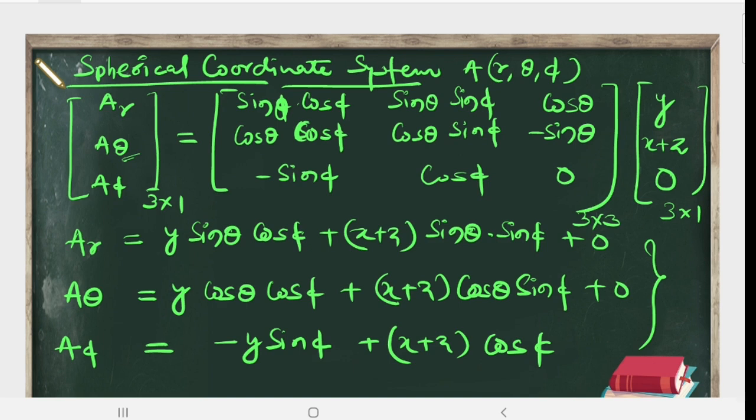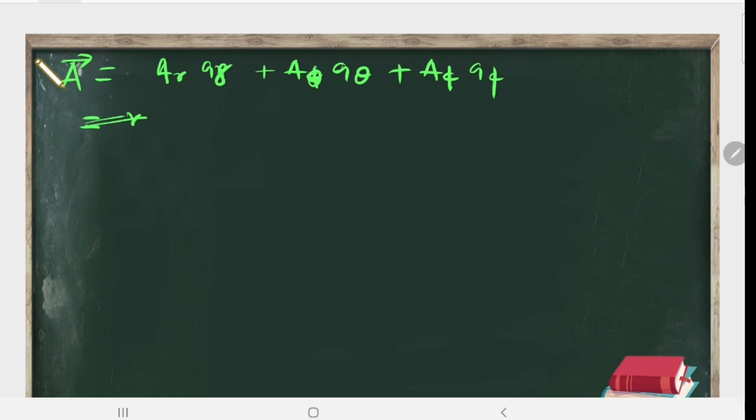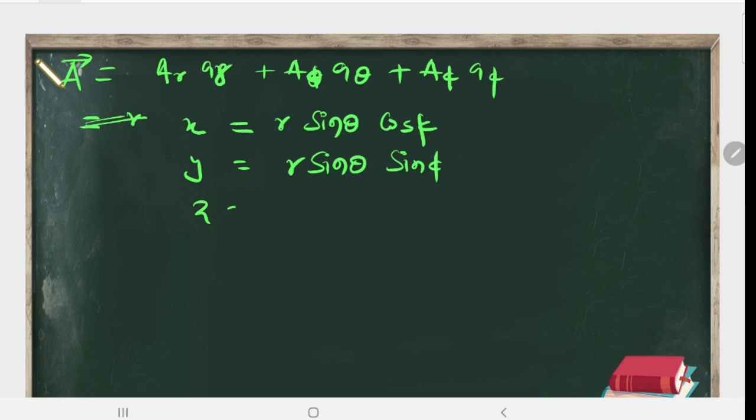So we have to replace these in terms of r, theta and phi. Using these relations, x is equal to r sin theta cos phi, y is equal to r sin theta sin phi, and z is equal to r cos theta. So you have to substitute the values of x, y, z in the above equations.